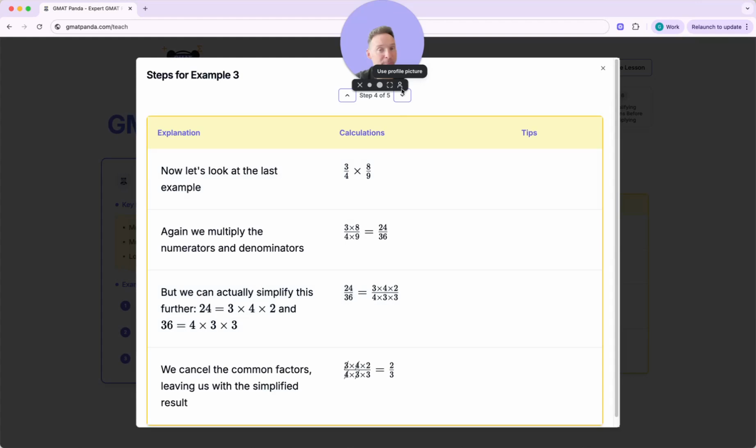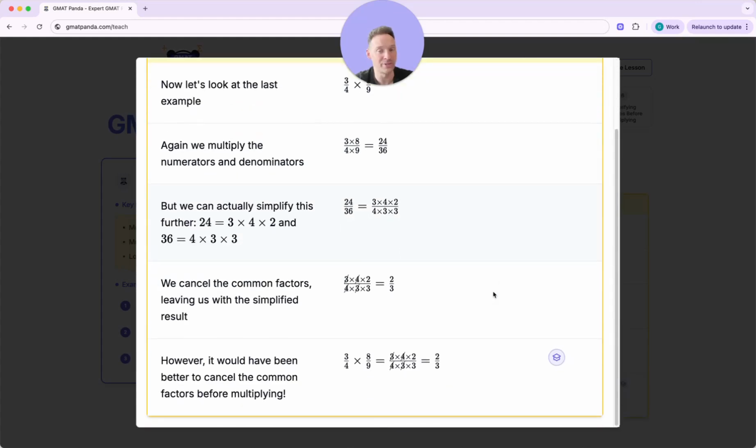It's much more efficient, starting from our initial multiplication, 3 over 4 times 8 over 9, to combine everything into one fraction. But rather than jumping into multiplying the numerators, we're going to split the 8 into 4 times 2, and split the 9 into 3 times 3.